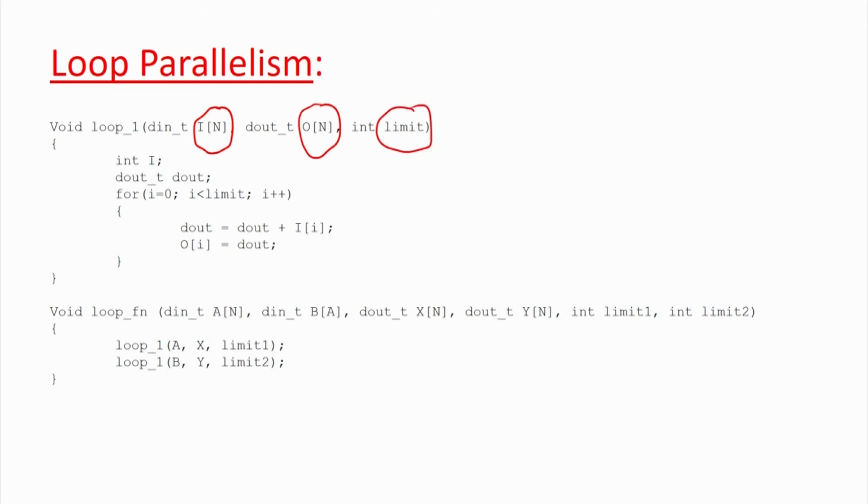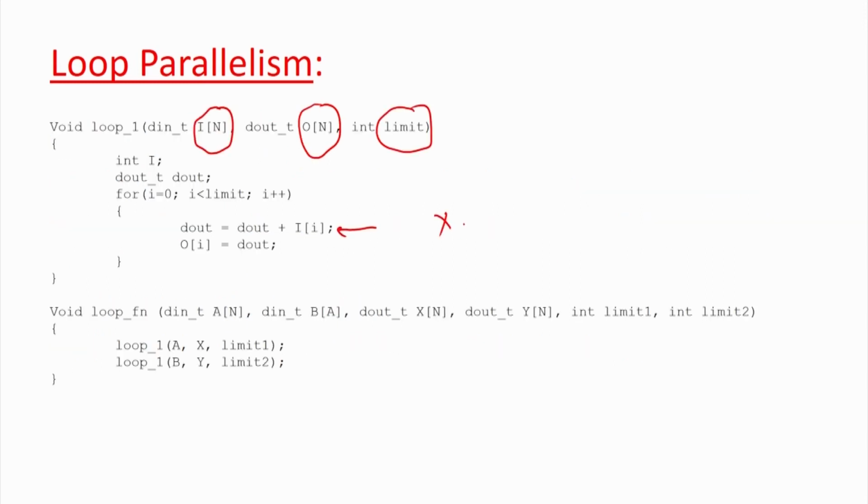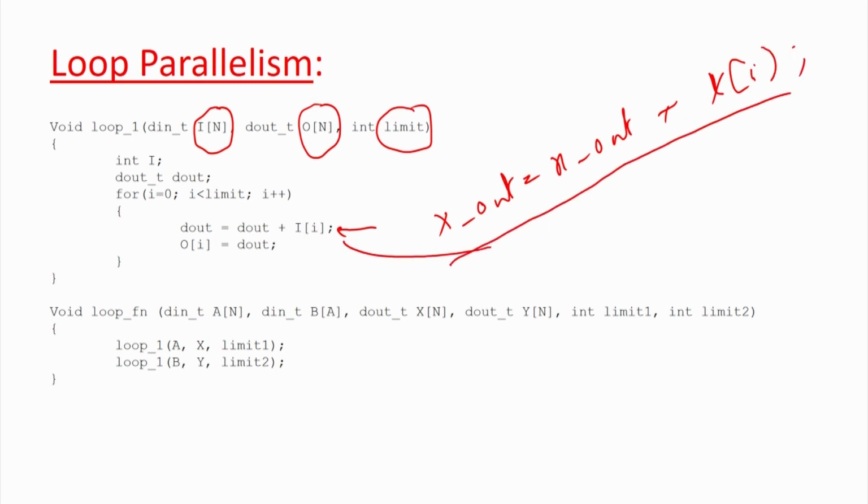In the loop I am just doing the same operation, x out equal to x out plus x i. I just replaced this iteration by this, because I have now parameterized it.